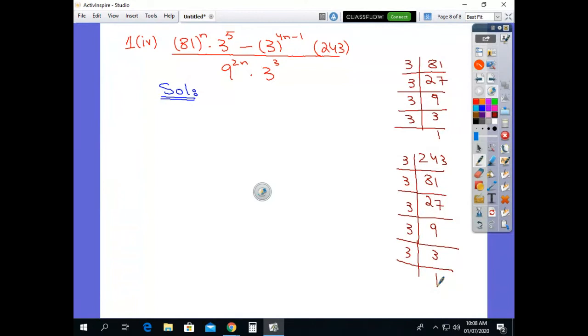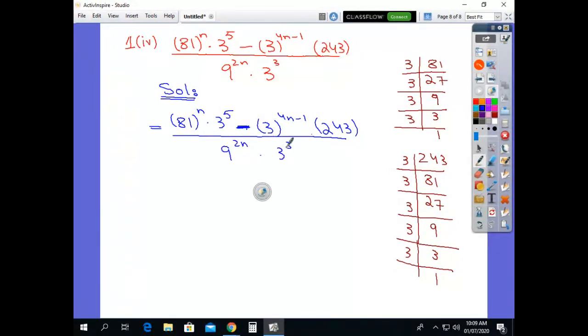Here we write the pairs of 81 raised to power n, 3 raised to power 5, 3 raised to power 4n minus 1, 243, after dividing it with 9 raised to power 2 and 3 raised to power 3.